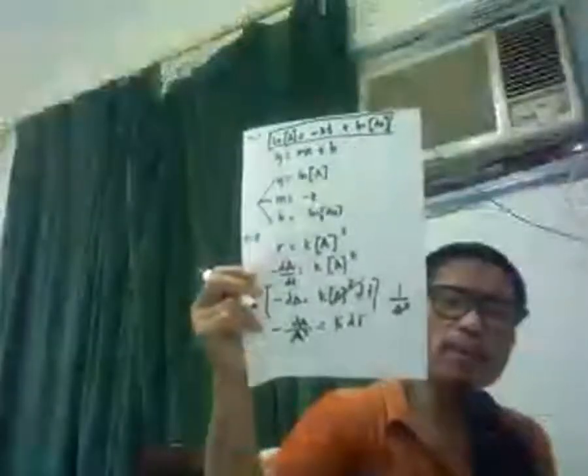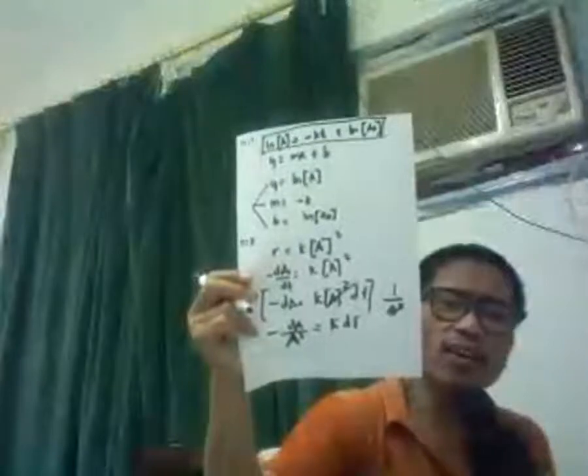Simplify this: the capital A cancels the A in the denominator, so what remains is dA over A equals k dt. Guys, this negative dA is the same story as the zero order.